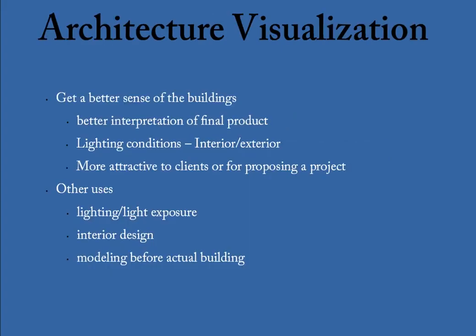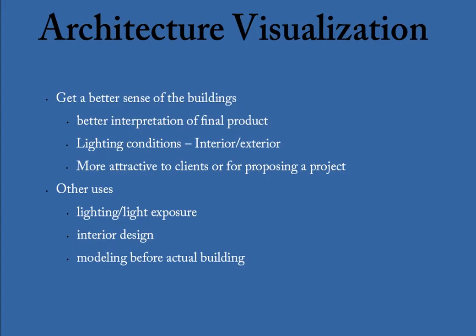Okay, so with architectural visualization, why would we want to show a building and render it out? Well, we want to get a better sense of the building. It's one thing to see it modeled in Revit, but we'd want to see what it would look like once it's actually built. We want to get a better interpretation of the final product.